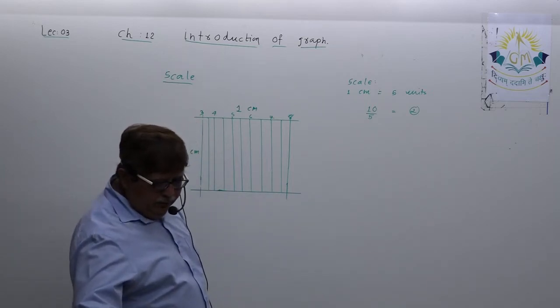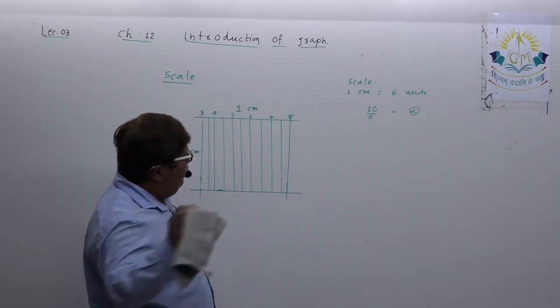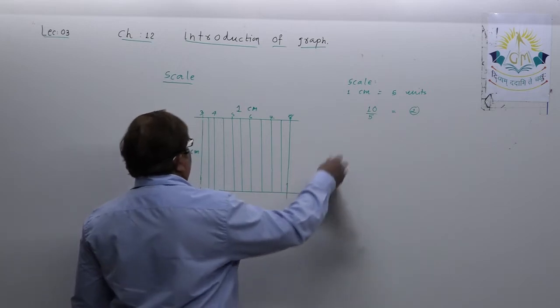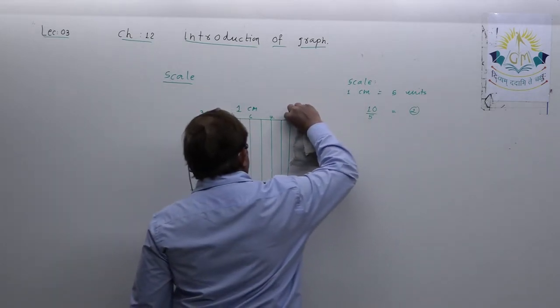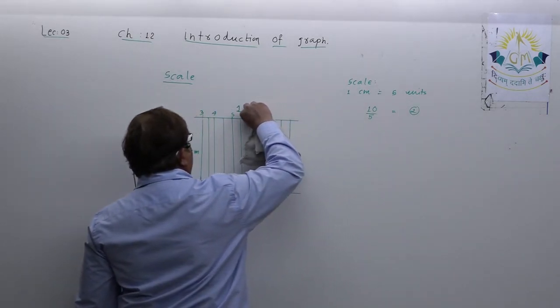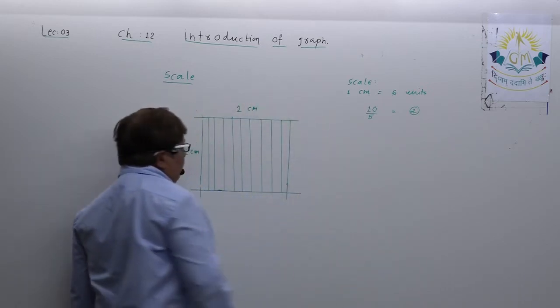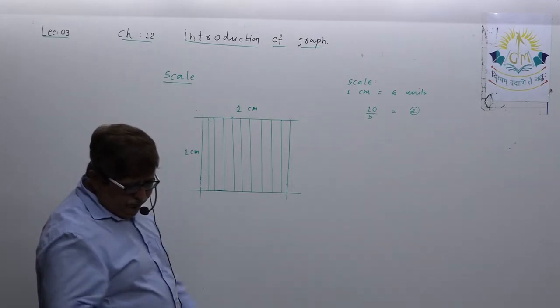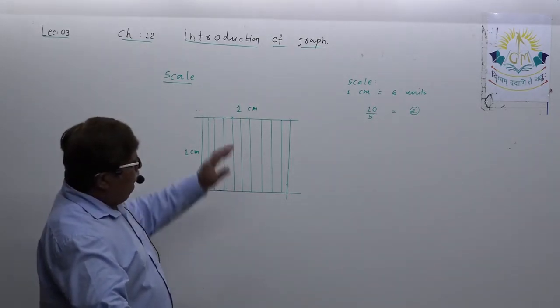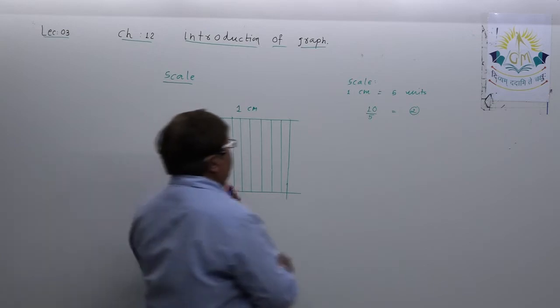Okay. Suppose, dear student, I change the scale. I am just erasing this, it is just for your understanding. Suppose I change the scale. I am not taking this scale. Understand?